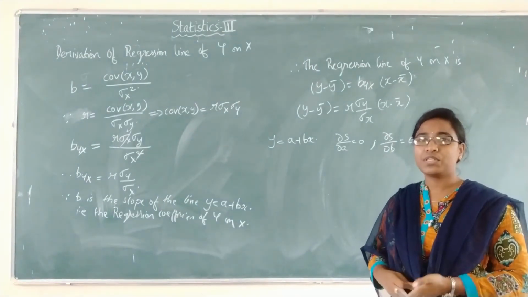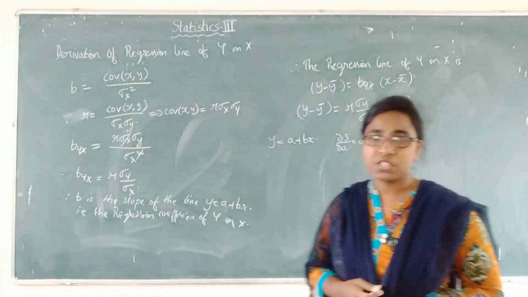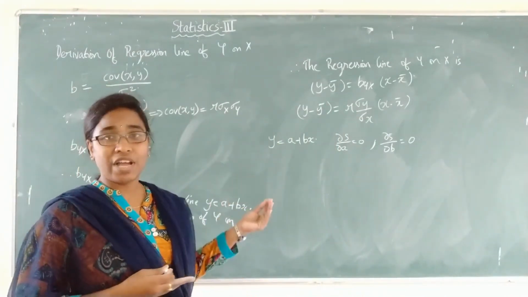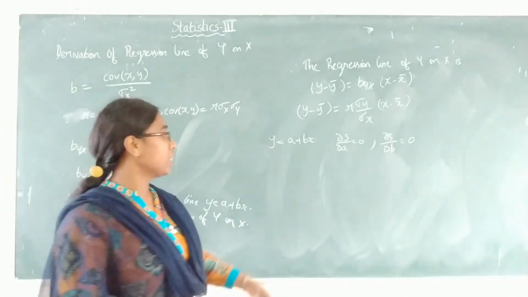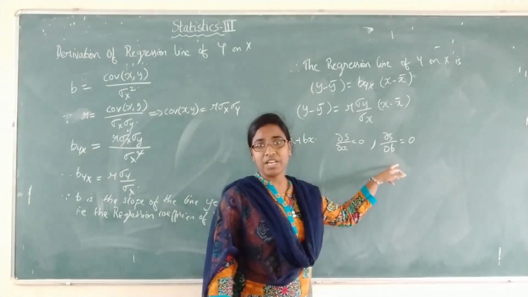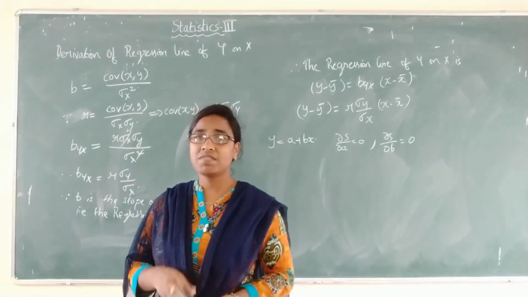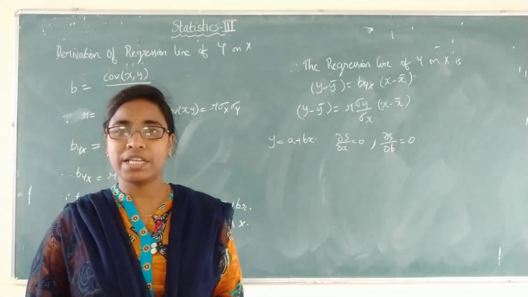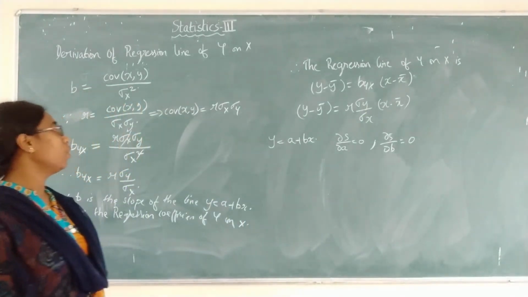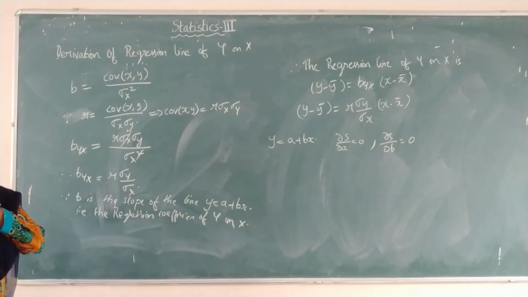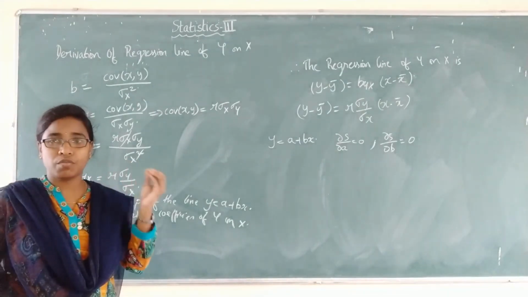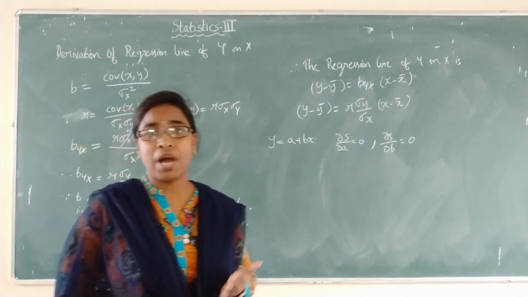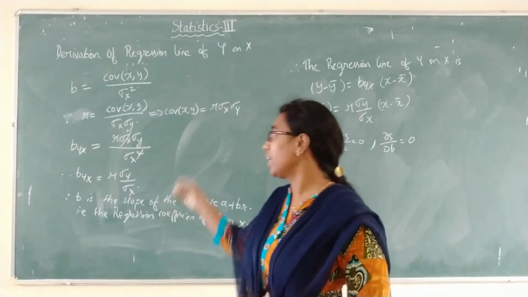After getting the values, we have considered the covariance formula and also the sigma x formula, and substituted those values in the second equation, in terms of covariance of x comma y and sigma x square, and substituted the x bar and y bar values. After substituting, we get the b value.